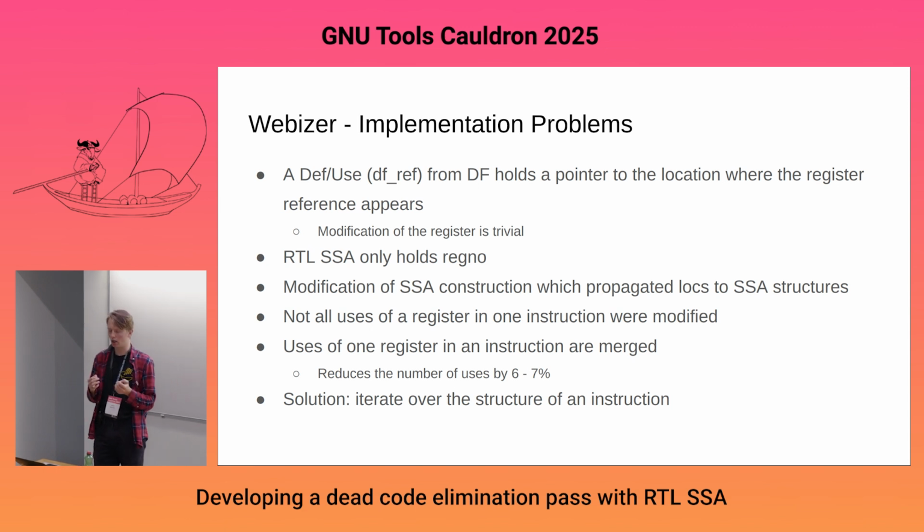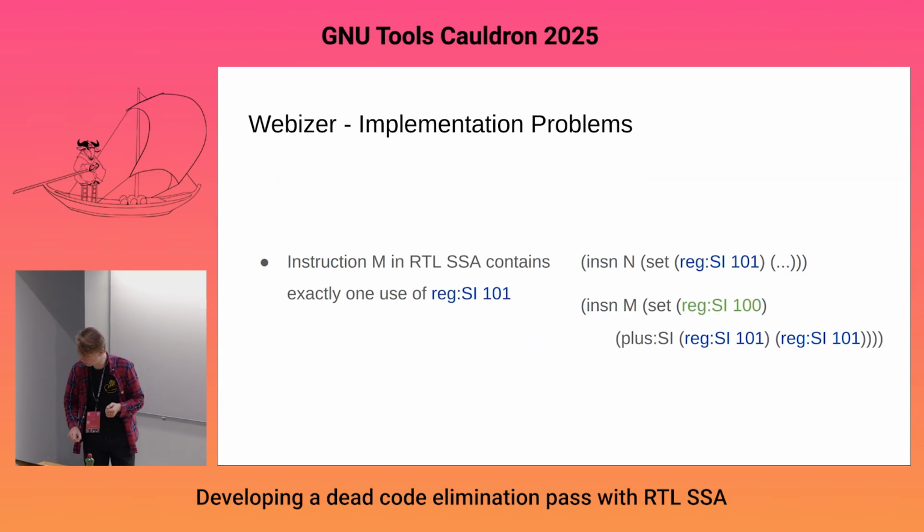However, it turned out that this solution is not working because the framework merges some uses. For example, if you have an instruction which has 2 uses of register 101, it would only be represented as a single use of this register.